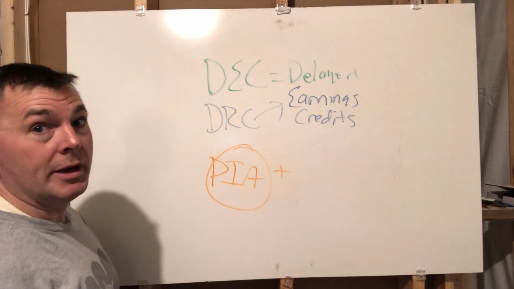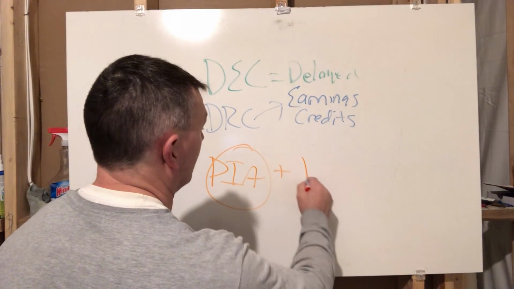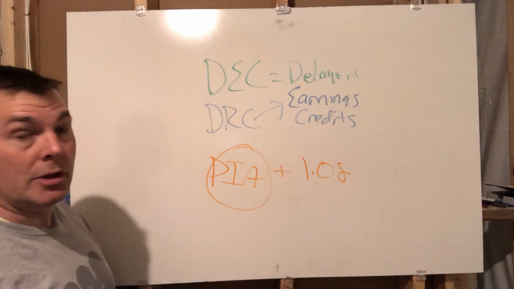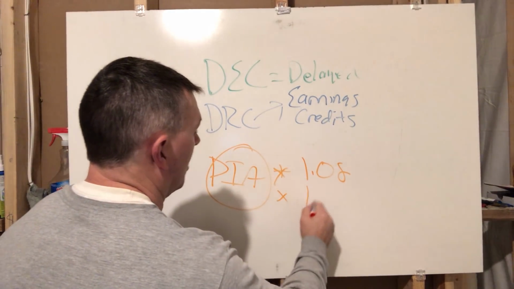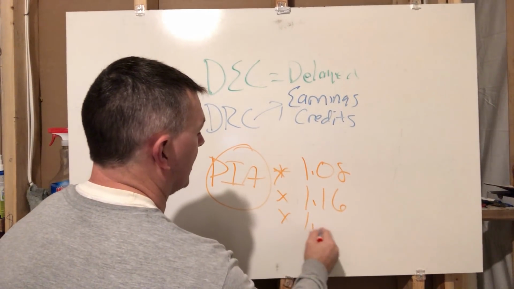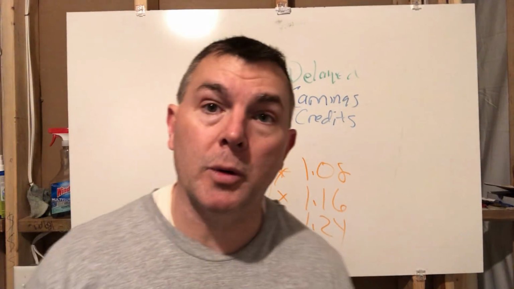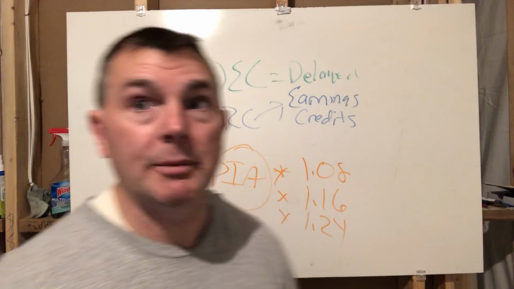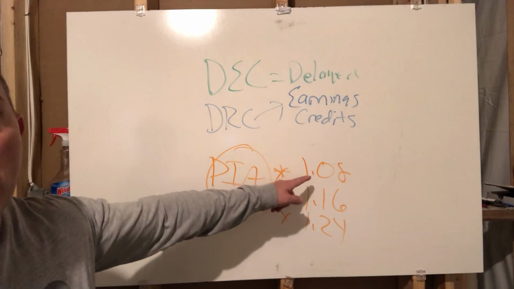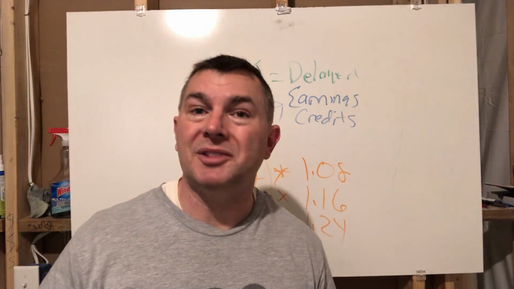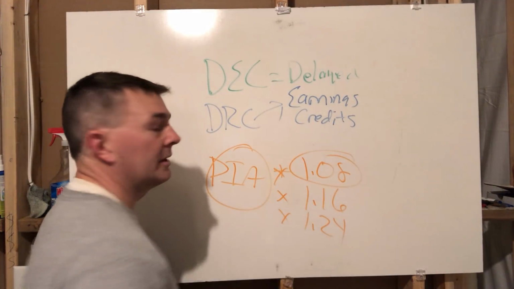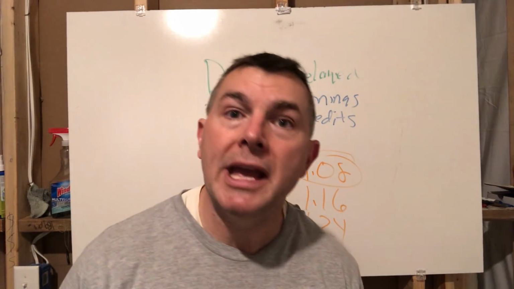So if you have 1 year of delayed earnings credits, it's your PIA times 1.08, 2 years is times 1.16, and 3 years is times 1.24. So for me, if my full retirement age is 67, which it absolutely is, and I wait 1 year to get my benefit, so I'm 68, I get an 8% kicker adjustment because I'm delaying my earnings.